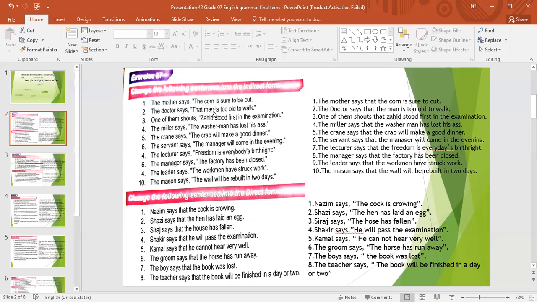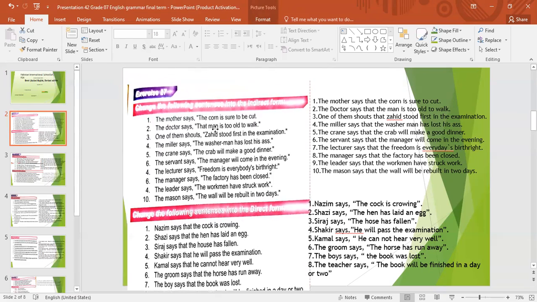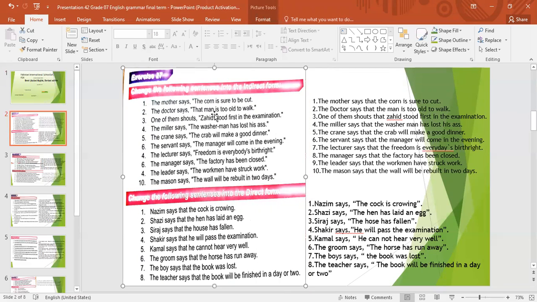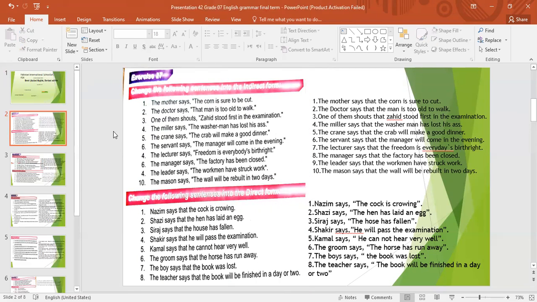And normally, the first word of the direct speech begins with a capital letter, just like you see here, the "Th" is in capital.